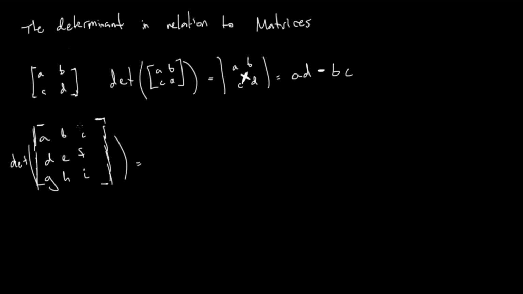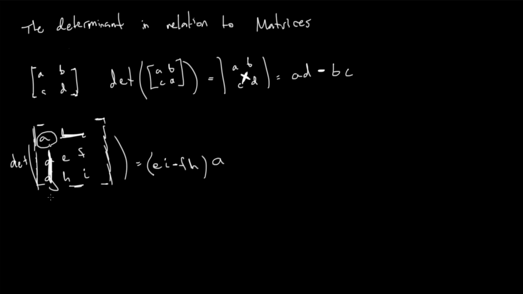To calculate it, I'm going to start with the term A and multiply it by the determinant of the submatrix, the one that is left over when I get rid of the entries beneath and next to A. So I multiply A by this leftover 2 by 2 matrix, EI minus FH.